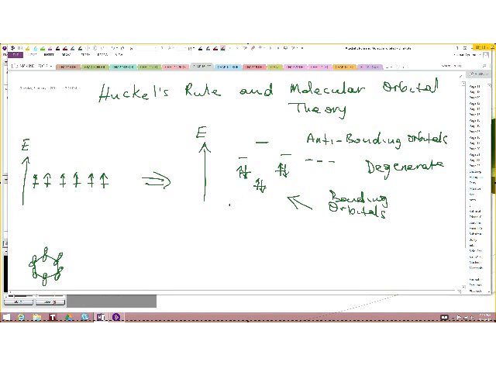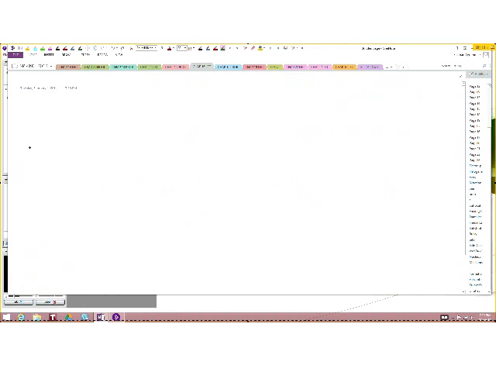say for example, 8 atomic orbitals. Let us look at the case in which we have 8 atomic orbitals: one, two, three, 4, 5, 6, 7, 8.